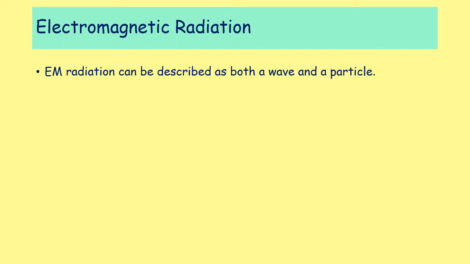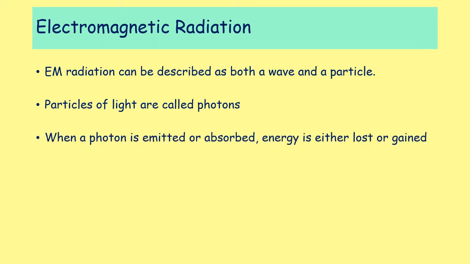How I view this, the analogy I use, is that if electromagnetic radiation is like a bullet being fired from a gun, the wave is the route that it took, and the bullet is the particle that has the energy and is traveling. The pathway is the wave, the bullet is the particle. It has both qualities. Now, what we call a particle of light is a photon.